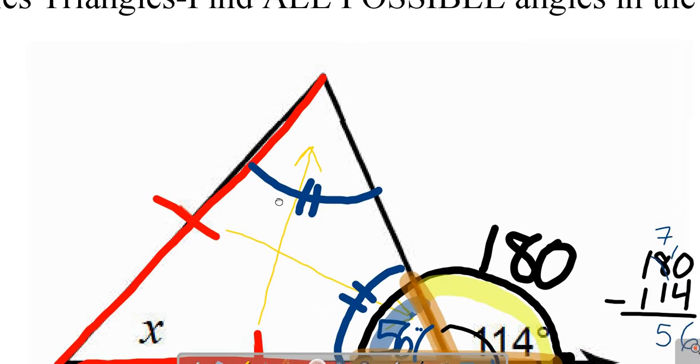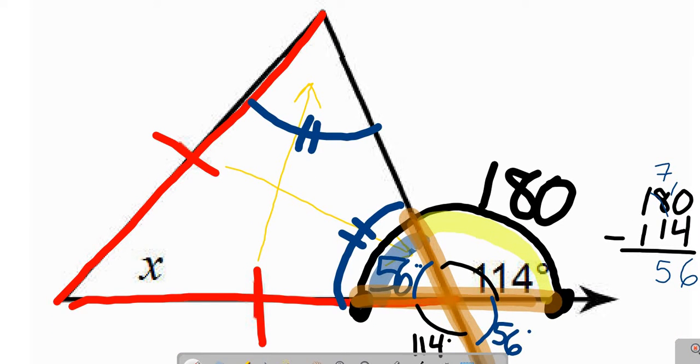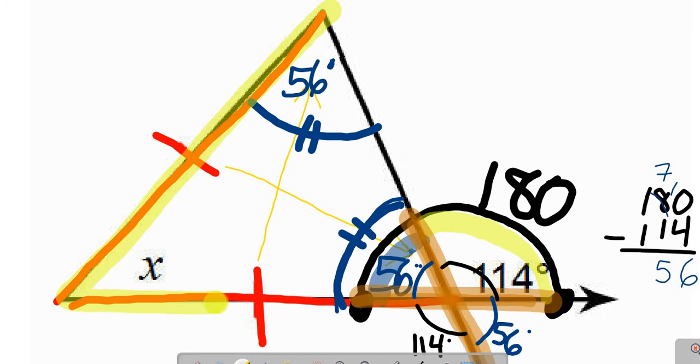Now, see those hatch marks? Because of those hatch marks, if this is 56, this is 56 degrees. Finally, you just learned, or relearned, that triangles add up to 180.